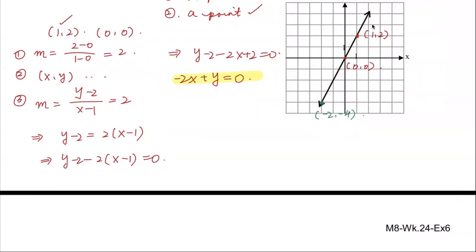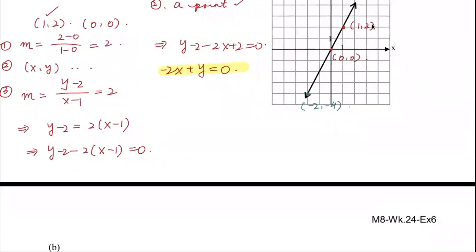So we plug in minus 2, minus 4: minus 2 times minus 2 plus minus 4 is equal to 0. Now we check if the equation holds. Minus 2 times minus 2, that's positive 4, plus minus 4, that's minus 4, right? This is indeed equal to 0. So that means the equation right here is correct.